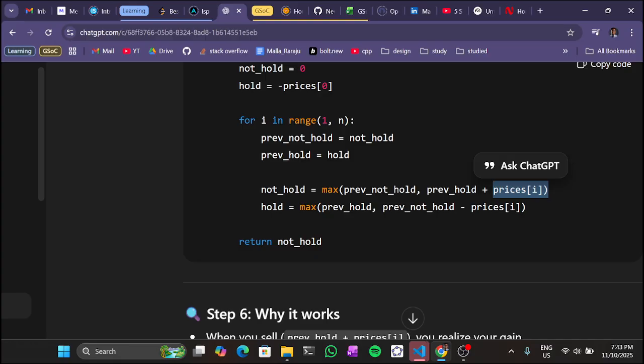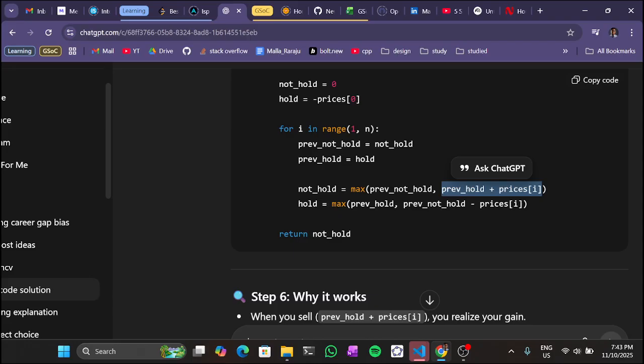Previous not holding will be 0. Hold, not hold, what? This is really confusing guys. Finally, we are returning not hold.